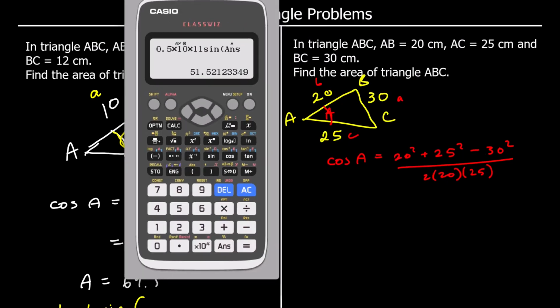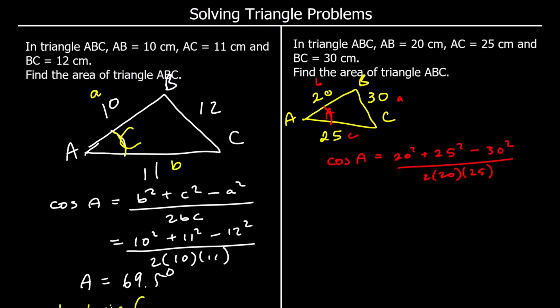Type it into the calculator. And that's 1/8. So shift cos of the answer, that's shift cos 1/8, 82.8 degrees.